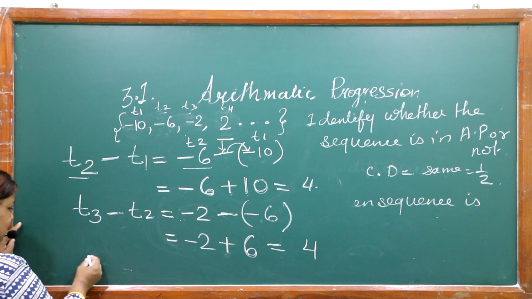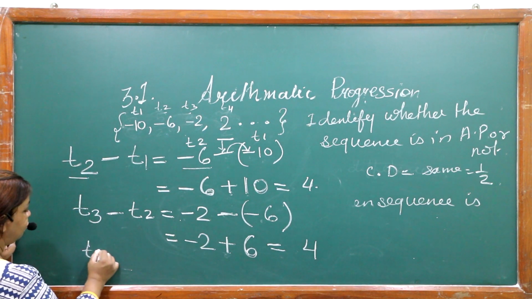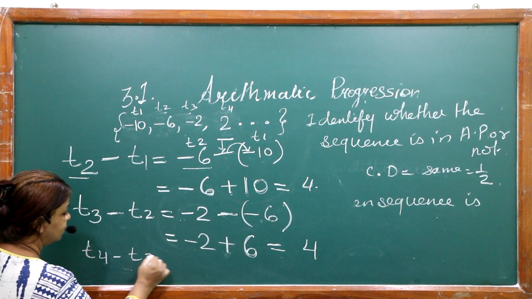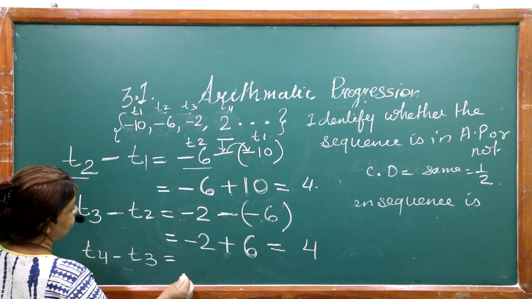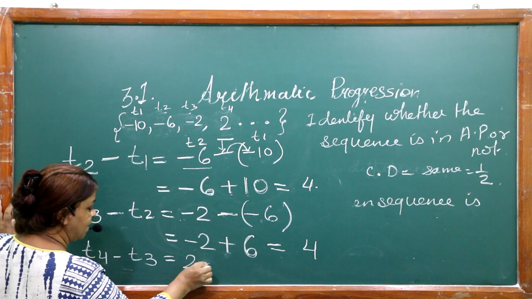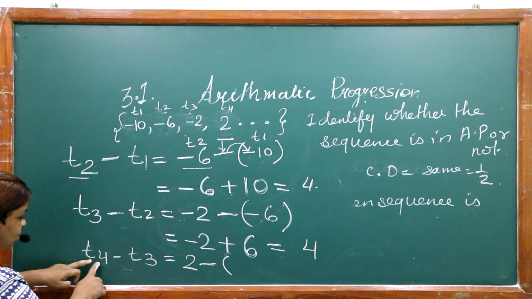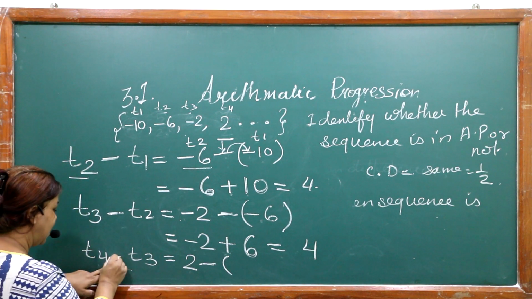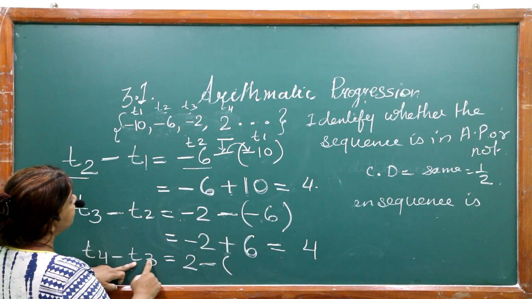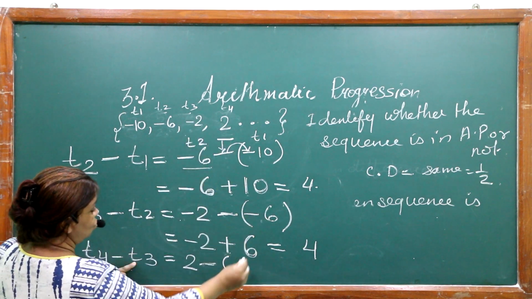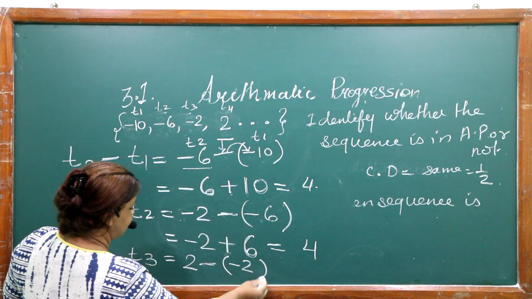Now next one is T4 minus T3. What is T4? T4 is 2, then minus, pay attention, and what is term 3? Term 3 is minus 2. Yes.